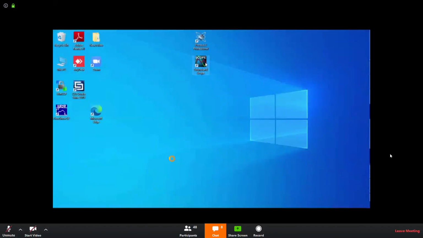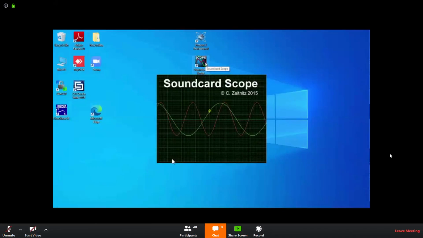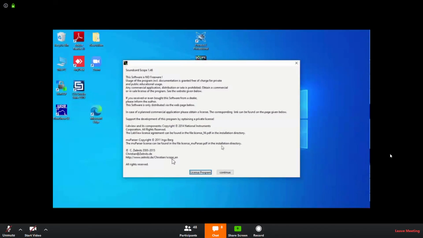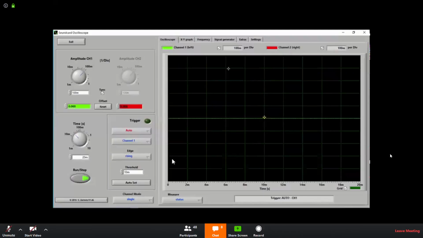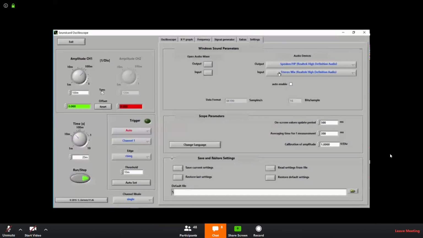You have to double click on the application, and on this license program, go for continue. This is the software interface. First of all, go to the settings and select stereo mix, loopback speaker HP.